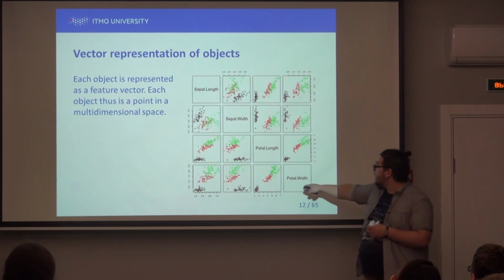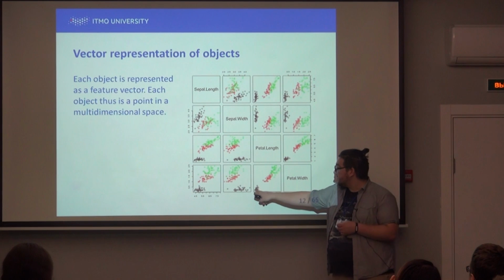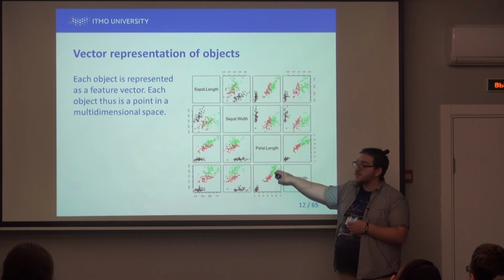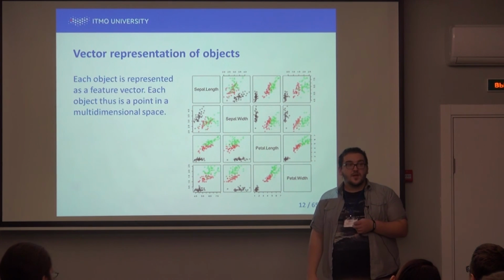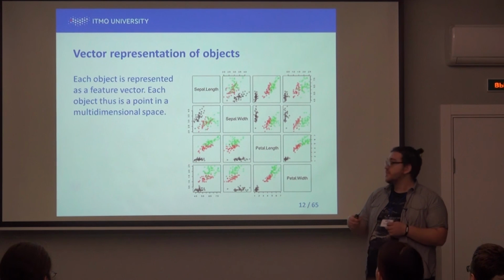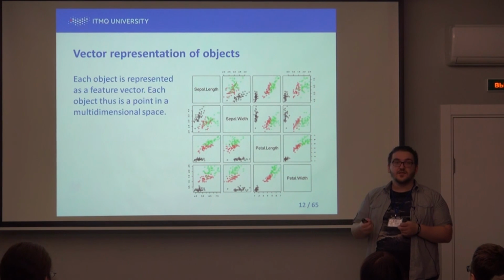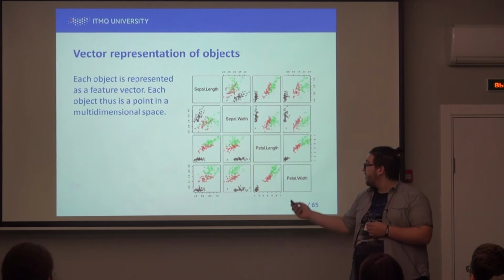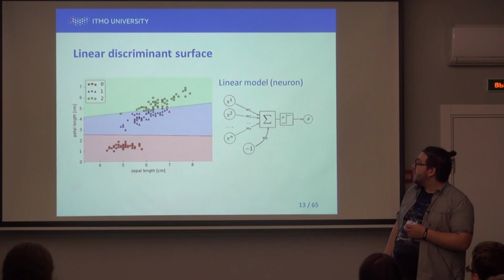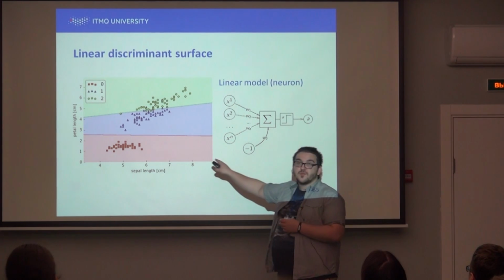For each feature we can plot pictures. This is one class of irises, this is the second, and this is the third. What we want is to distinguish all these 3 classes. We want to learn an algorithm which can be given a data set of irises and then learn how to find the class of a new, never seen iris, given its feature description. A very useful and very simple thing is to try to use a linear discriminant surface.